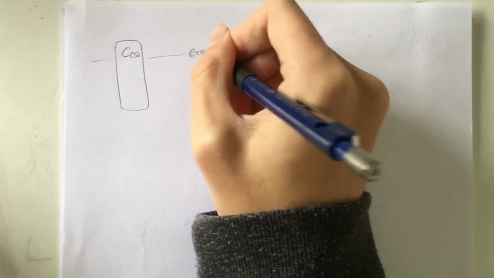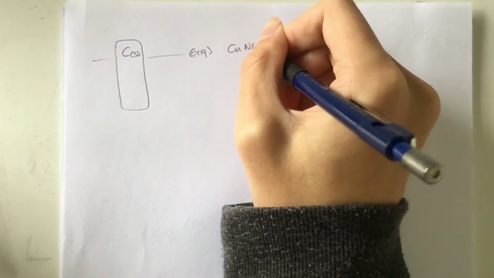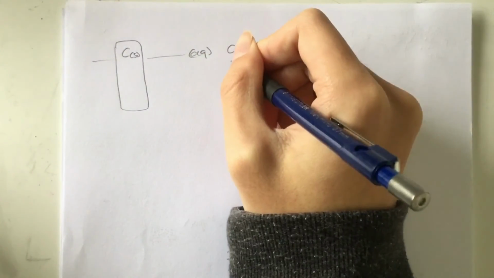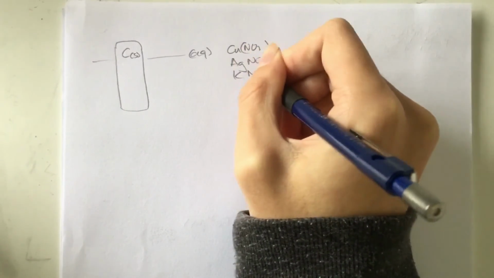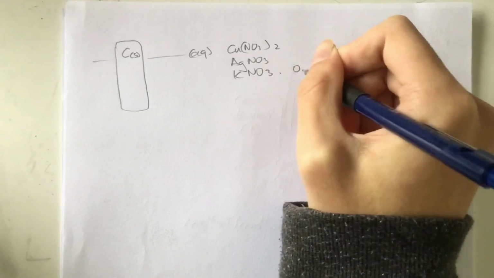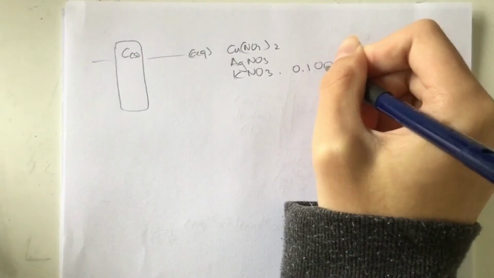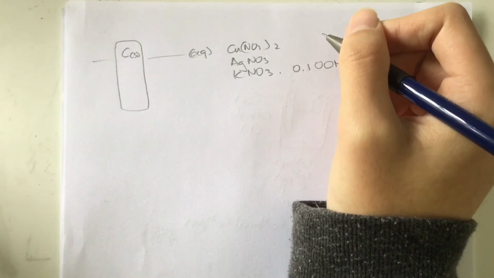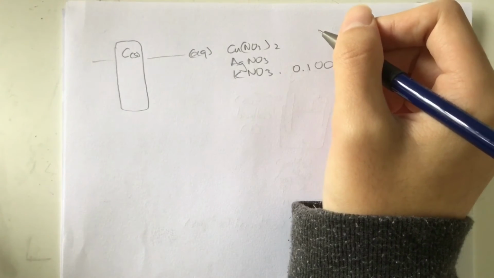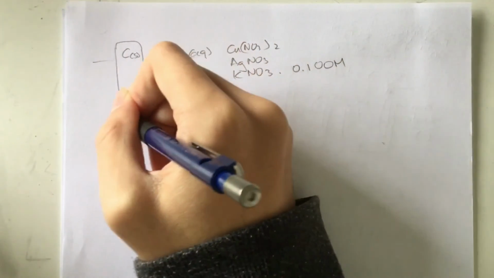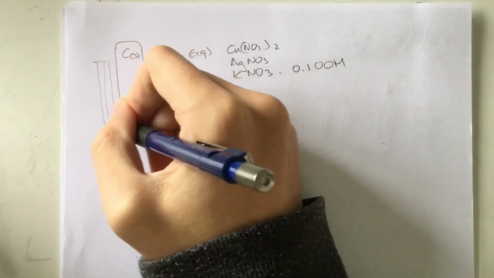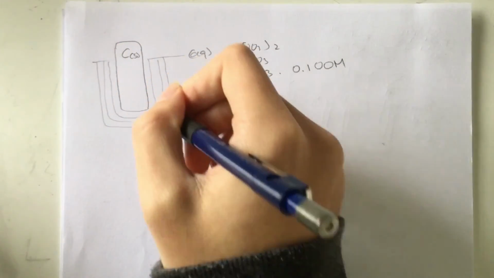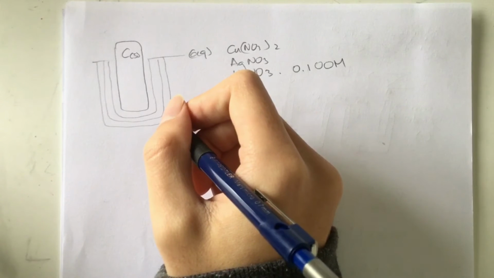And it's in an aqueous solution of Cu(NO3)2, AgNO3, and KNO3, all 0.100 molar. And after a while, it develops 3 coatings. Those are 3 coatings.